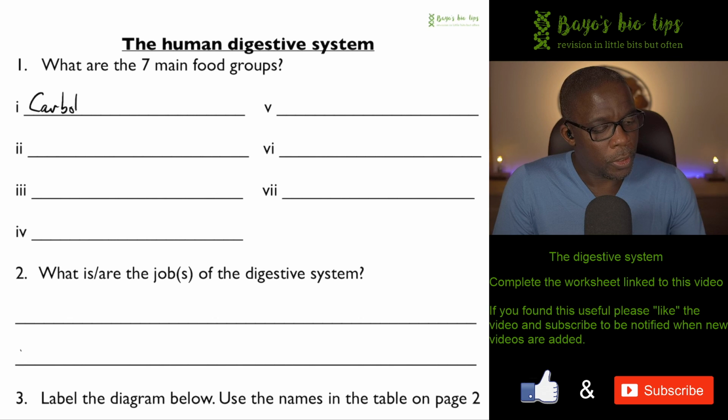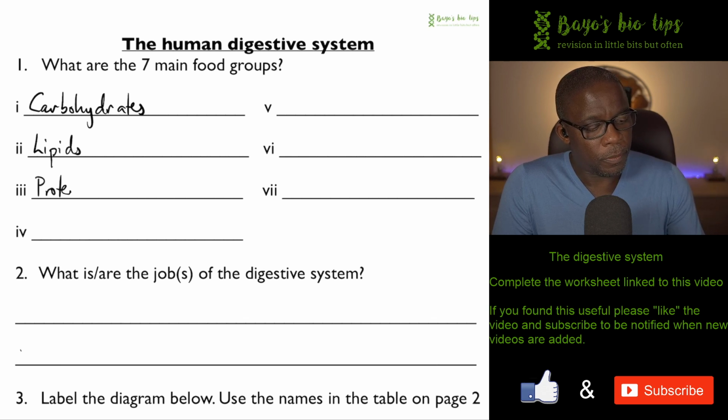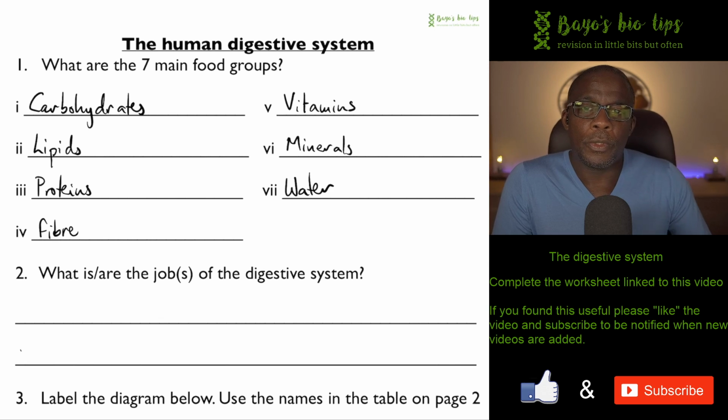So carbohydrates, lipids, proteins, fiber, vitamins, minerals, and water. So those are the 7 main food groups.